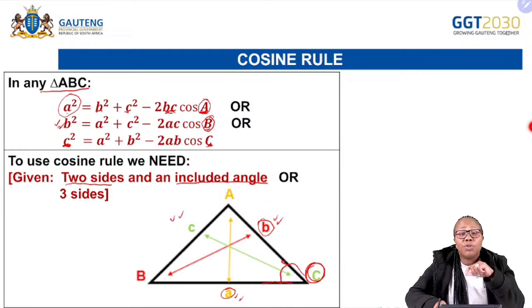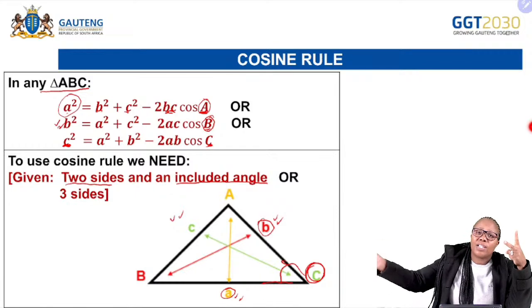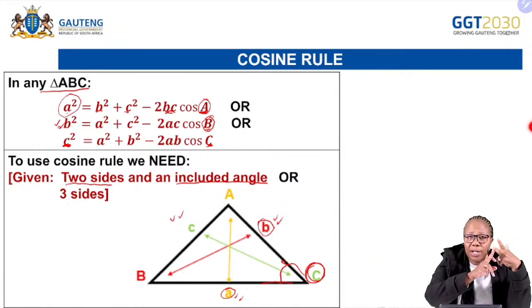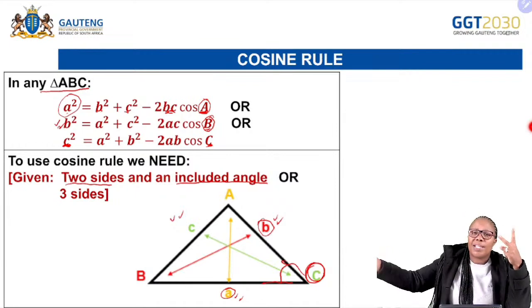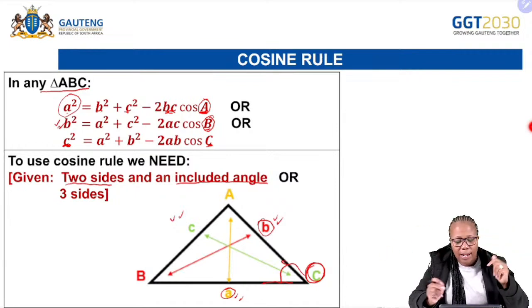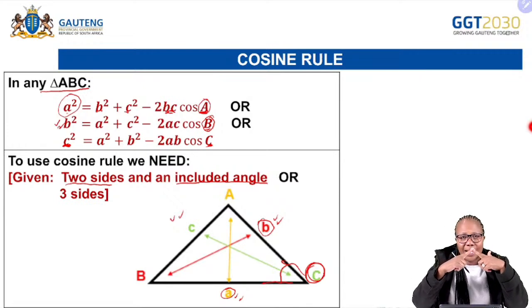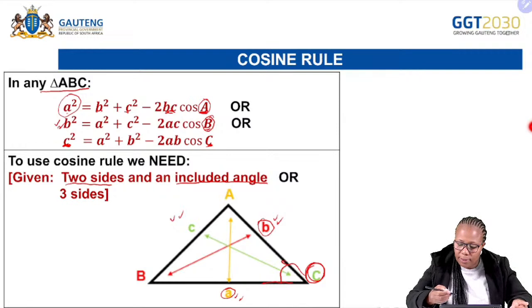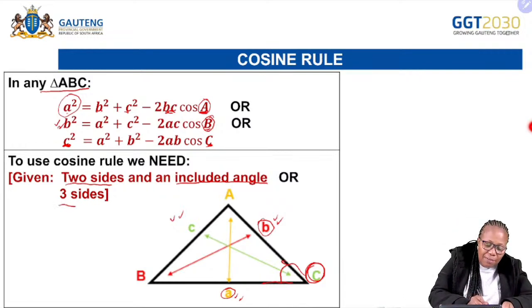What is the difference between this and the previous sine rule? In the sine rule, remember, you must be given two sides and an angle corresponding to one of those sides, or you must be given two angles and the side corresponding to one of those angles. But in this case, it is two sides plus an included angle between those two sides. Secondly, with the cosine rule, you can also be given three sides.